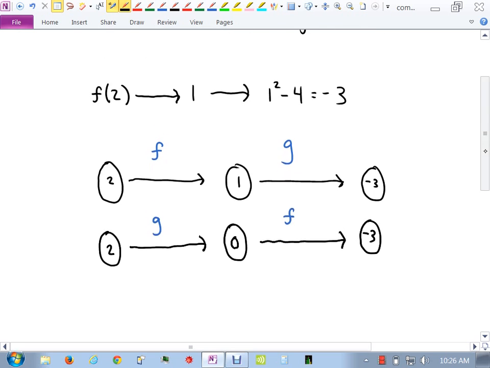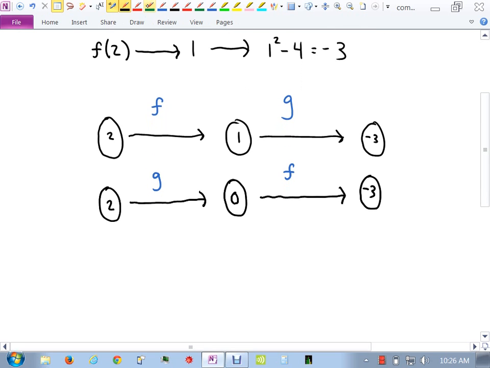Let's do another example, just so you can see that. Let's take 0. Let's pass 0 through F first.